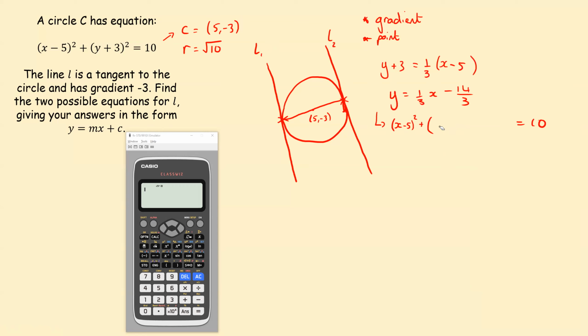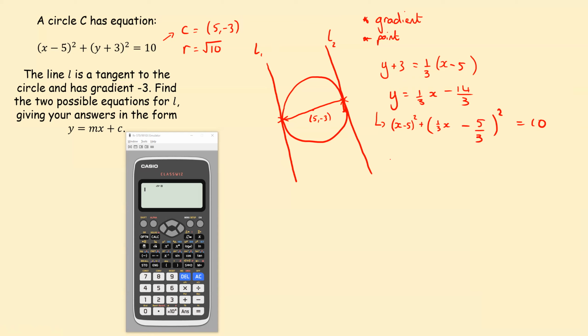I'm actually going to write 1/3 x minus 14 over 3 plus 3, squared. This bit here will simplify to be minus 5 over 3. And I know that because we had a positive 3 that we added. Well, we actually subtracted it from here, so we're just working backwards. So that's going to be minus 5 over 3 in there.